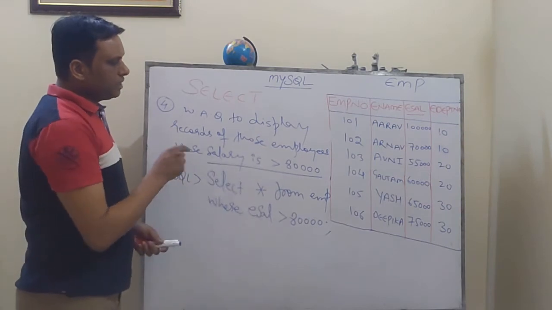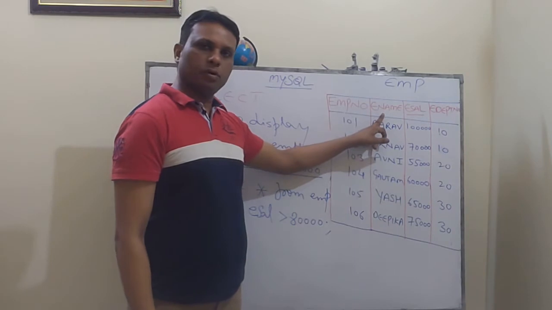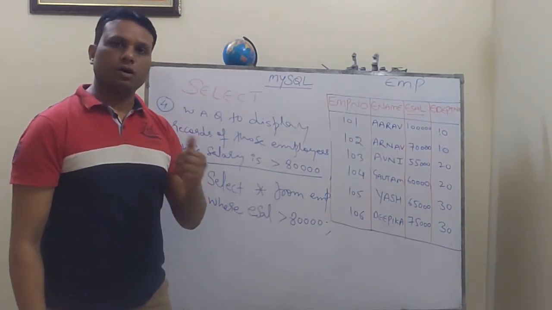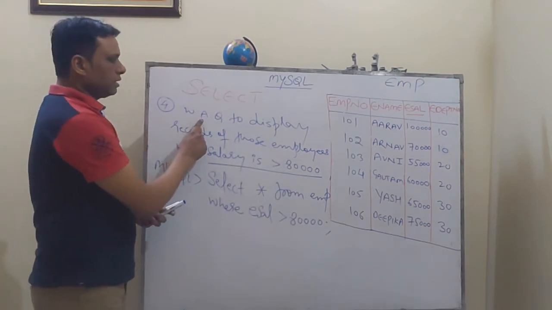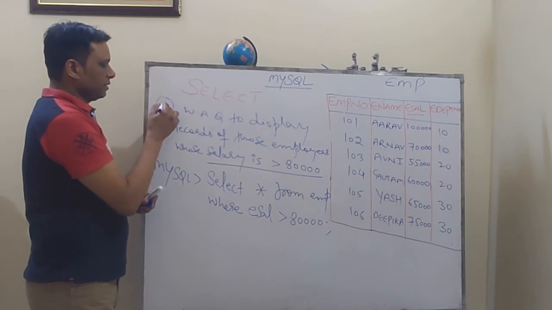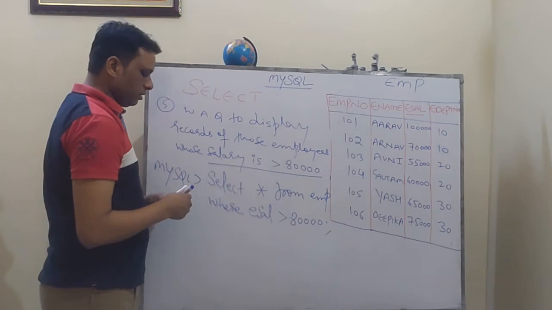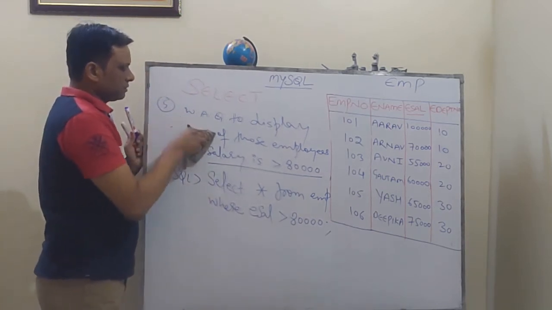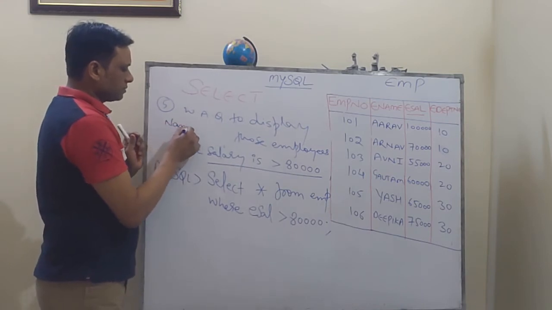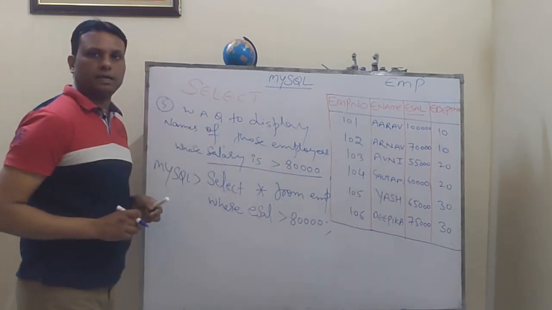Now, if in this query you have to display only the names of those employees whose salary is greater than 80,000, then how to do it? Let us see. I'll make it the fifth query. Write a query to display names of those employees whose salary is greater than 80,000.